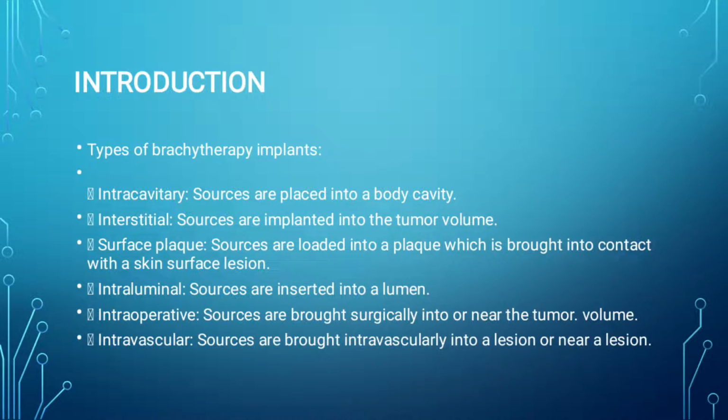In surface plaque, sources are loaded into a plaque which is brought into contact with the skin surface lesion. In intraluminal, sources are inserted into a lumen. In intraoperative, sources are brought surgically into or near the tumor volume. In intravascular, sources are brought intravascularly into a lesion or near a lesion.